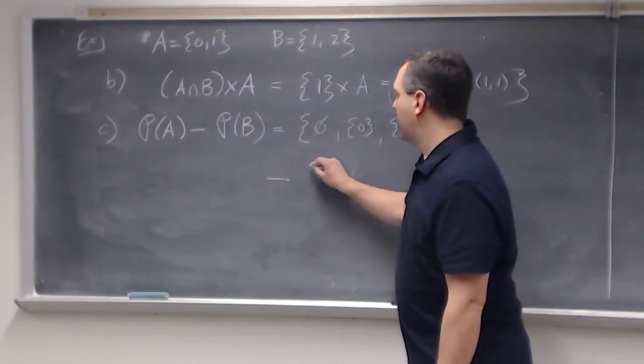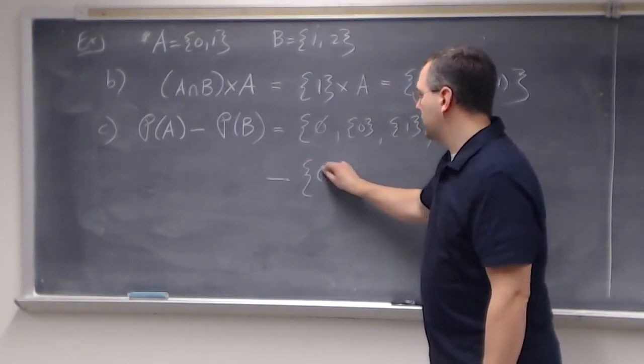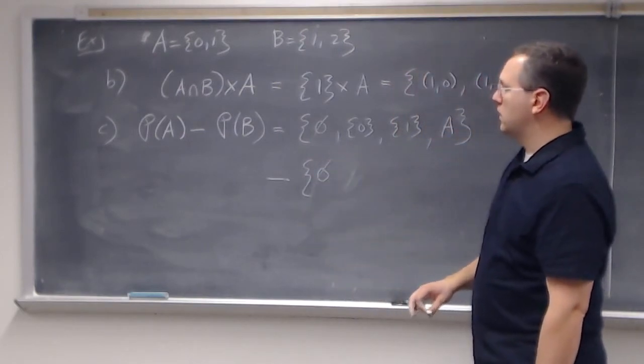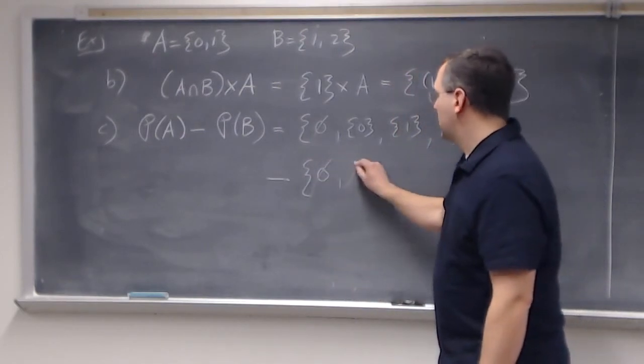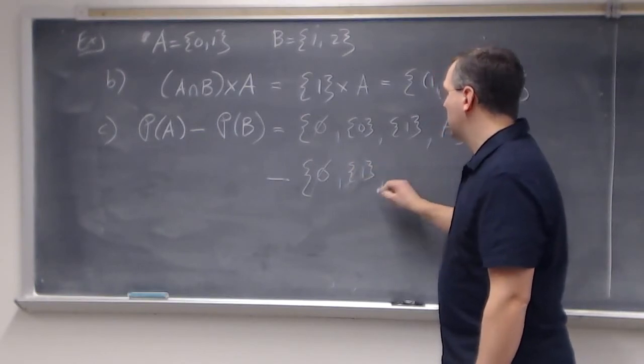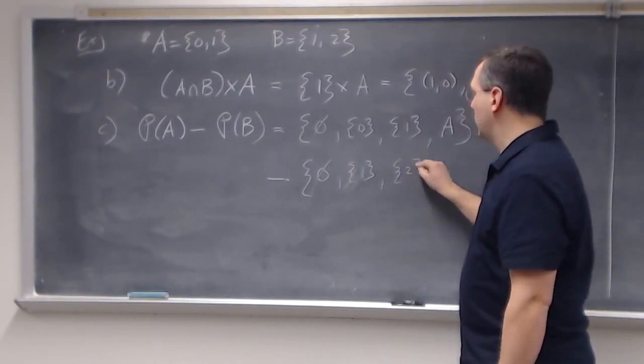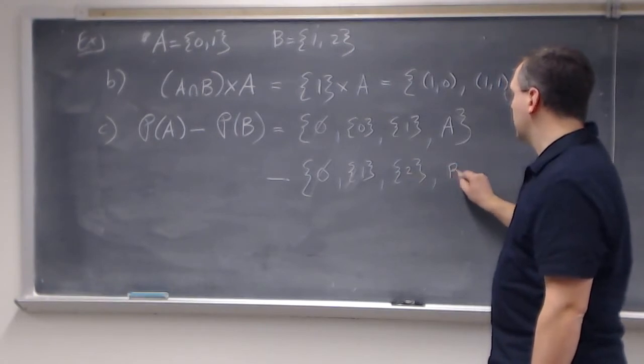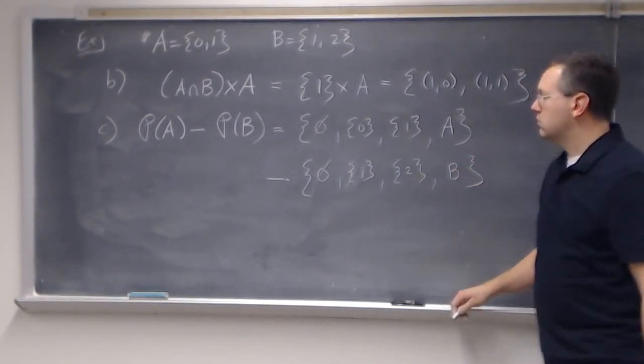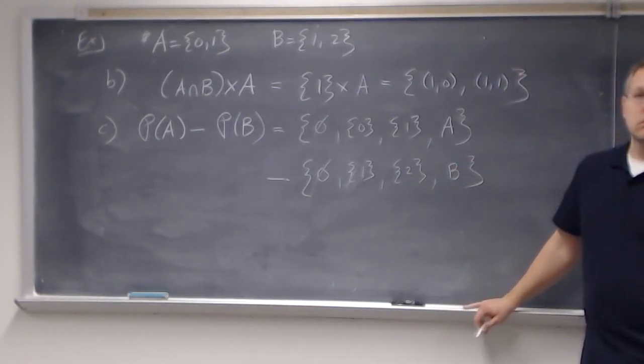Now the power set of B contains all the subsets of B, including the empty set, the set containing 1, the set containing 2, and B. Okay. Questions so far?